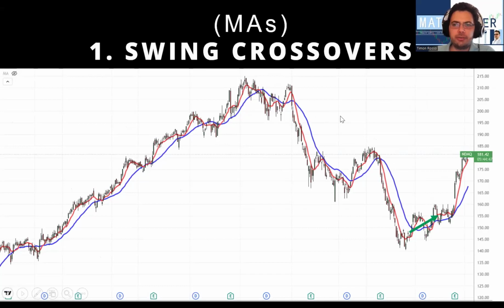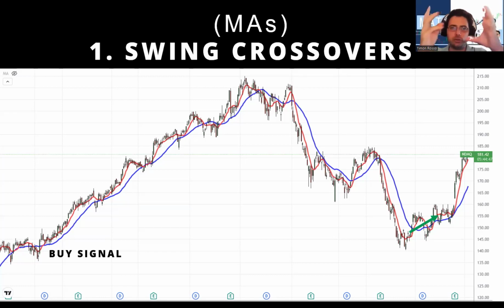Swing crossovers. So here's the first trading strategy. I don't know what has happened over the last couple of years, but swing trading has been called something different than when I started. In 2003 up until 2014, 15, swing trading was basically two moving averages that have crossed, and you're going to constantly swing: buy a market and then sell a market, and then buy and then sell, and just swing your positions from long to short to long to short.